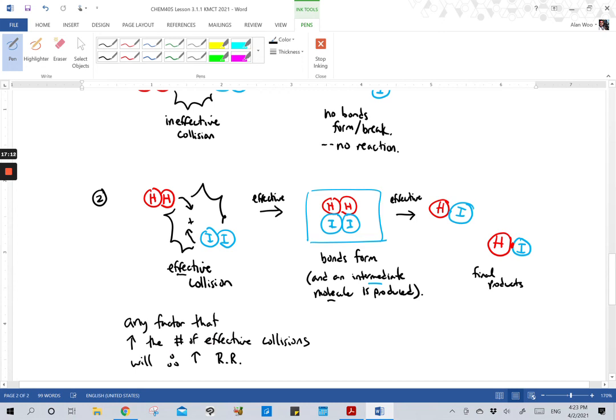Temperature, concentration, surface area, pressure and volume changes, those four factors will all influence the number of effective collisions. Catalysts, inhibitors, and nature of reactants do not do this. They increase the rate of reaction in their own special way, but not through effective collisions.